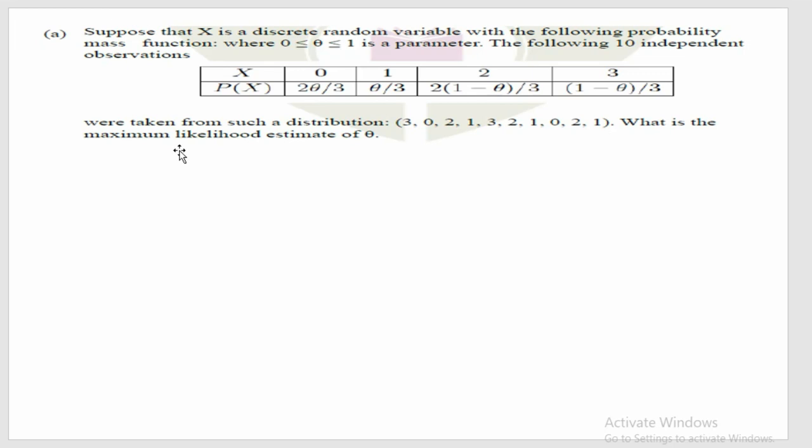So let us check how we can do this. The first step in finding maximum likelihood estimation is finding the product of probability of the data points given in the question.